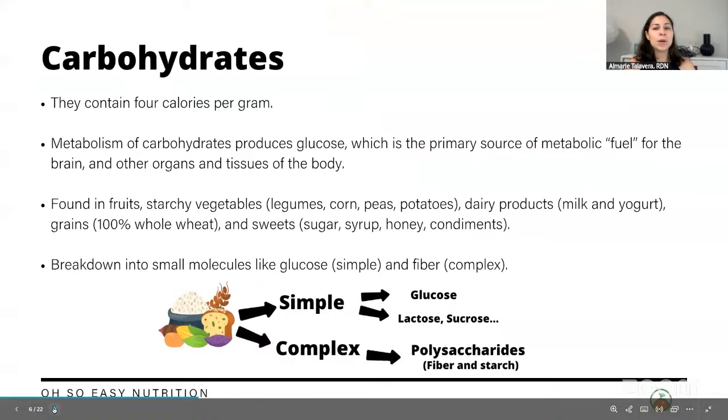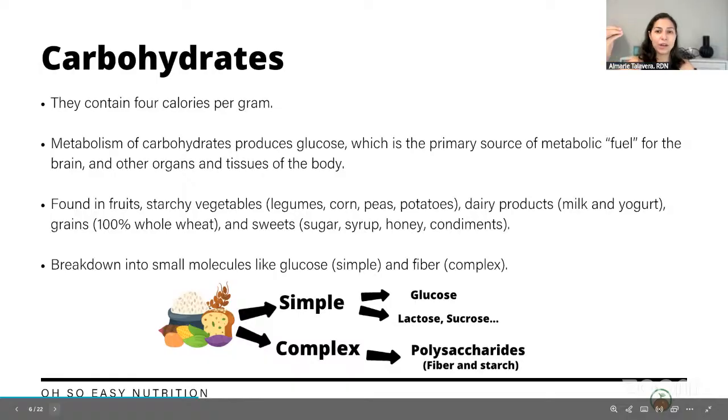A little bit more about carbohydrates. Carbs are part of the three macronutrients, which are carbs, proteins, and fats. Carbohydrates have 4 calories per gram, and so does protein, versus fats, which have 9 calories per gram. Now, carbohydrates are going to produce that glucose, right?